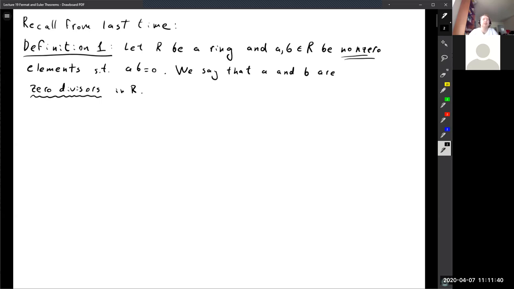But now let's have a closer look at the ring of integers modulo m, the ring Zm. So our first theorem today would precisely describe the collection of all zero divisors in the ring Zm. Theorem 1.